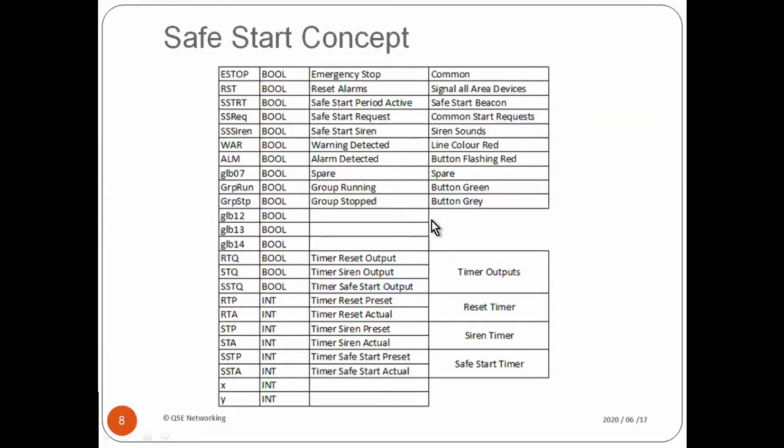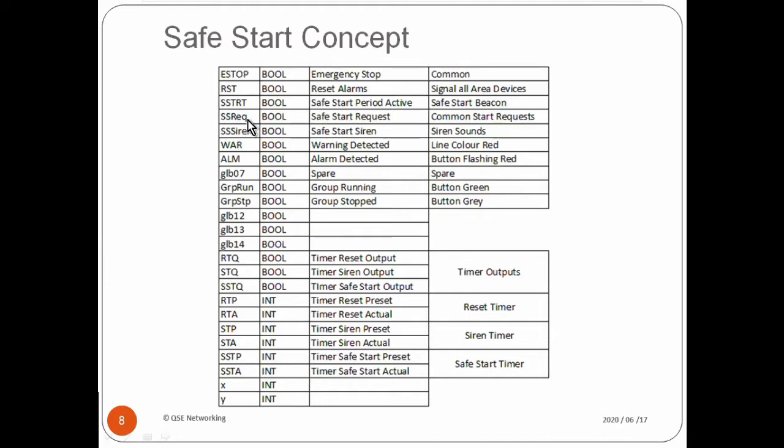So here we're now going to create a UDT. Remember what a UDT was? It's a user-defined type. So we will add into our user-defined type an e-stop bit or boolean, a reset button or reset function. We will then have what we call the safe start period active, and we will have a safe start request.